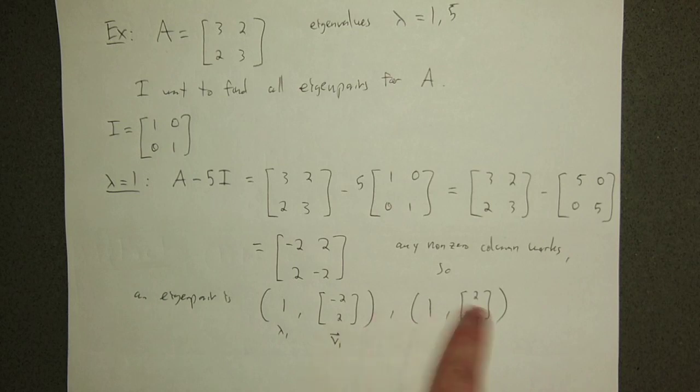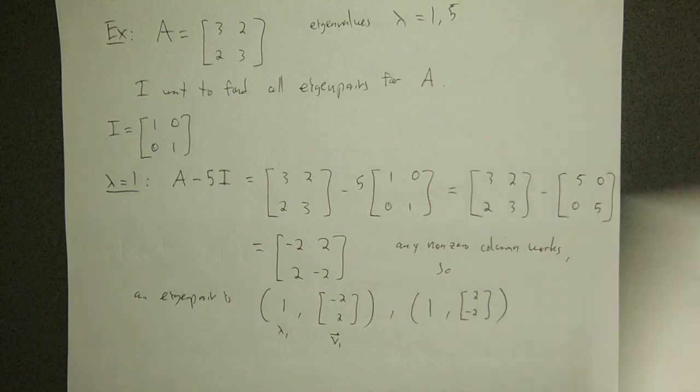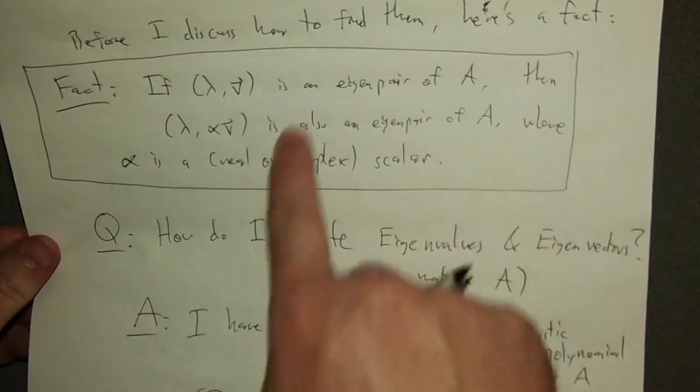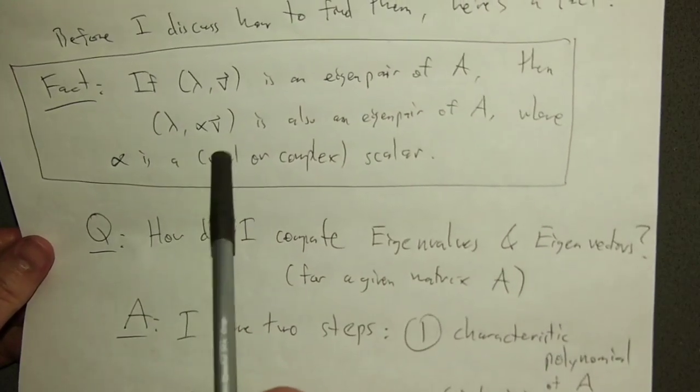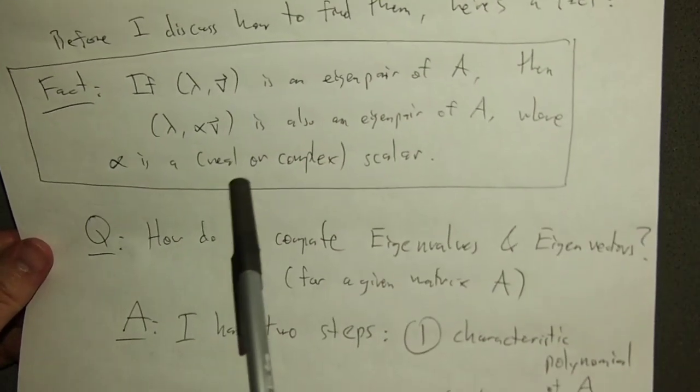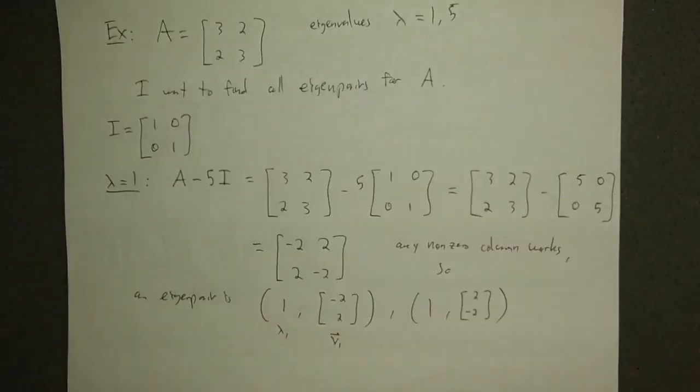These two vectors are related just by multiplication by minus 1. And recall that way back, it might have even been fact 1, I said that if you have an eigenpair of A, then lambda and alpha times V, where alpha was any scalar, is also an eigenpair. So considering this is also fine.